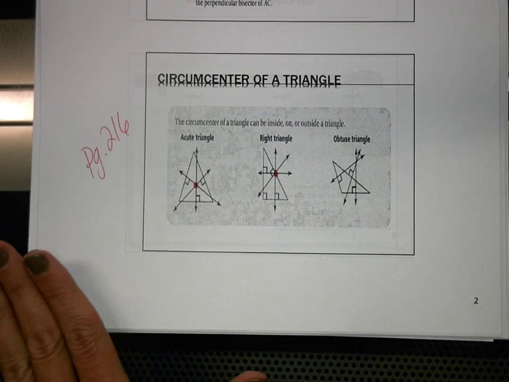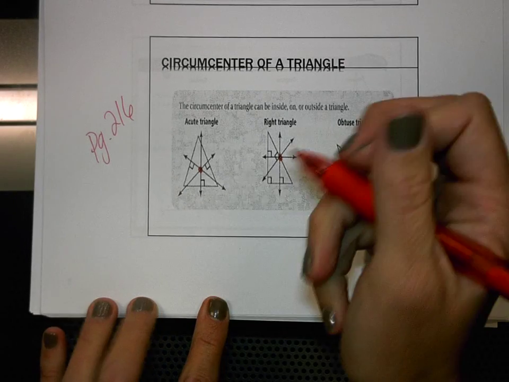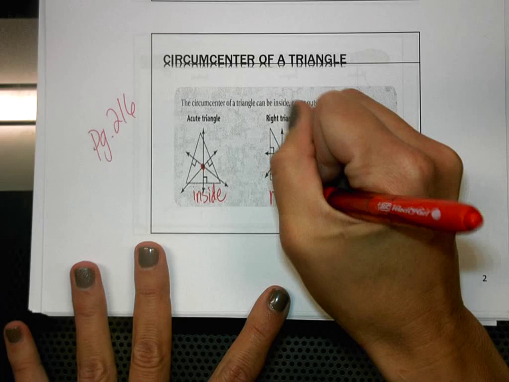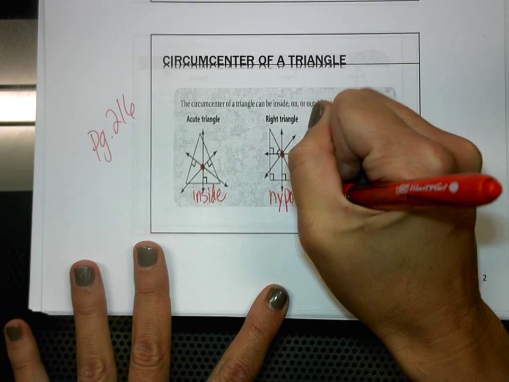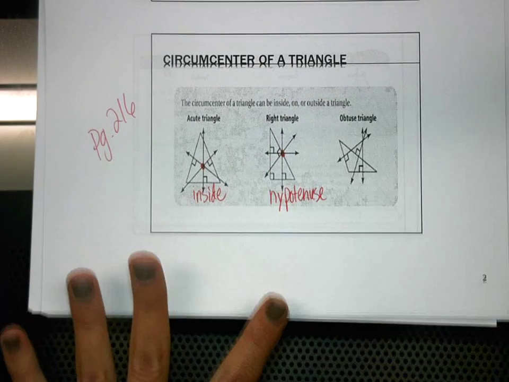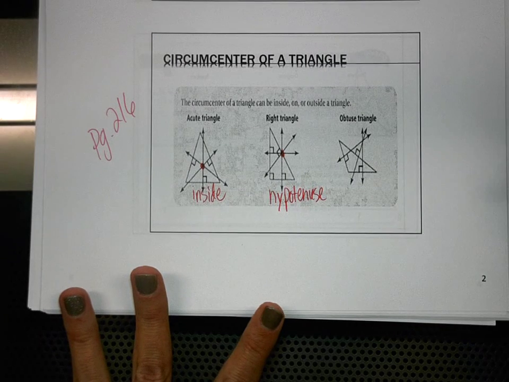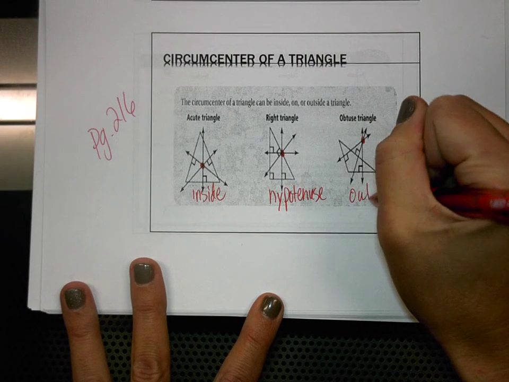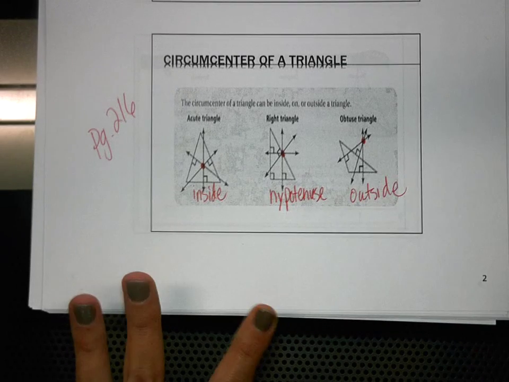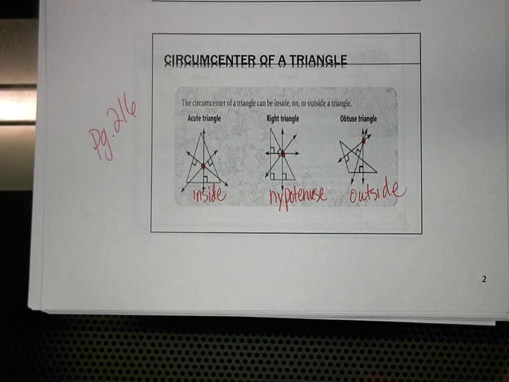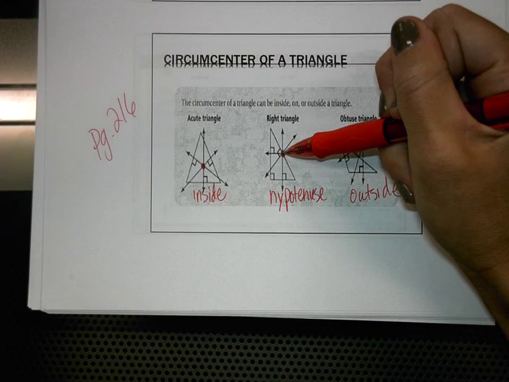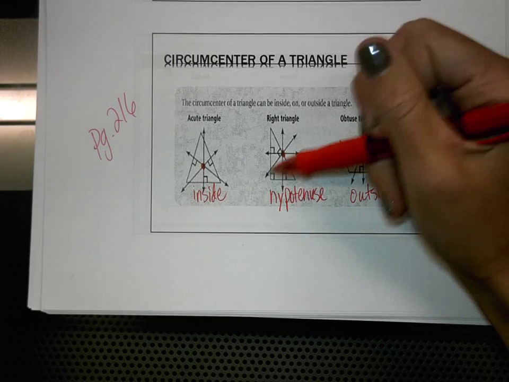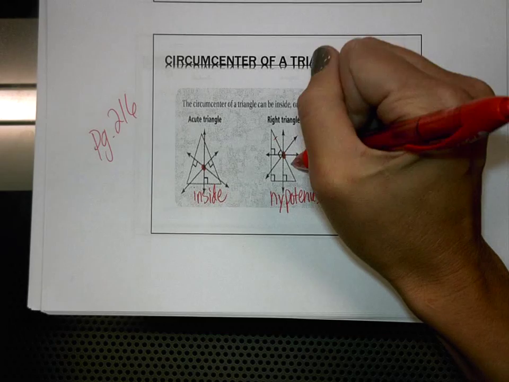What is that side called? And I'm actually going to write this right here. So this one was on the inside. This one is on the hypotenuse. I would write these things in your book. And where is it on the obtuse triangle? It is on the outside. Now, specifically on the hypotenuse, it is the midpoint, because you are cutting the hypotenuse in half, so this is equal to this.